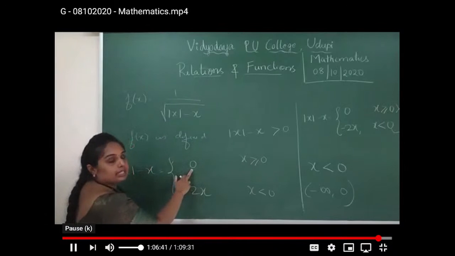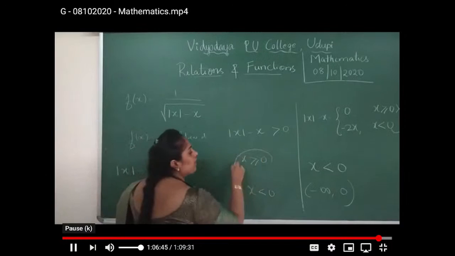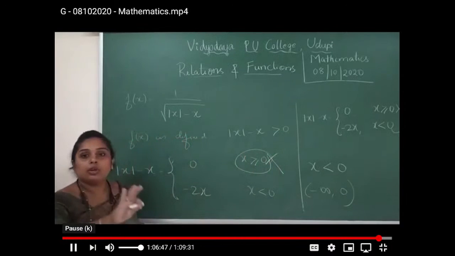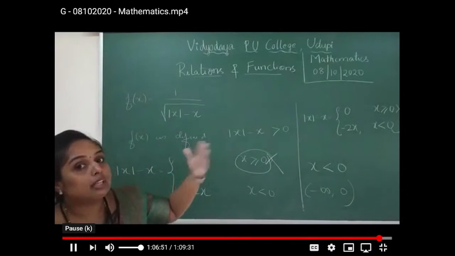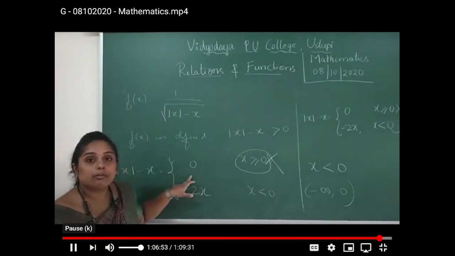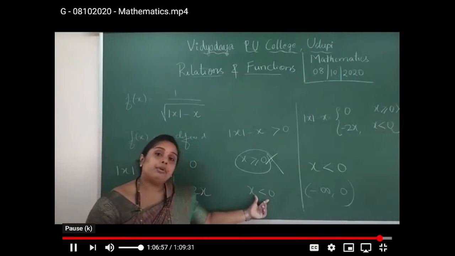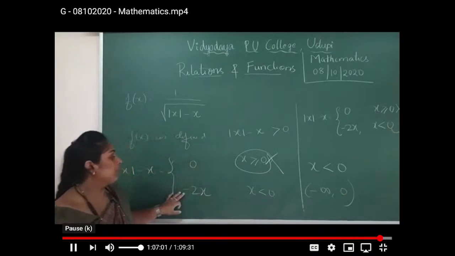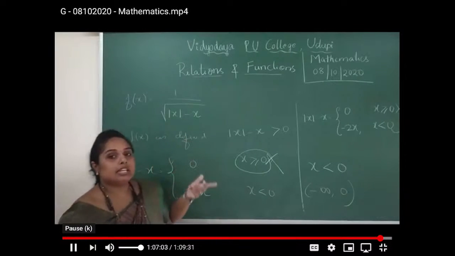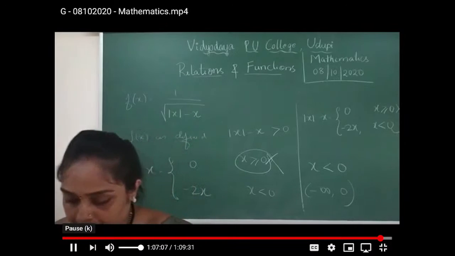So x greater than or equal to 0 is not my answer. Why? If I substitute any value greater than or equal to 0, I am getting 0 in the denominator, which should not be the case. But if I put x as a negative value, less than 0, then I am going to get minus 2x, which I can get.